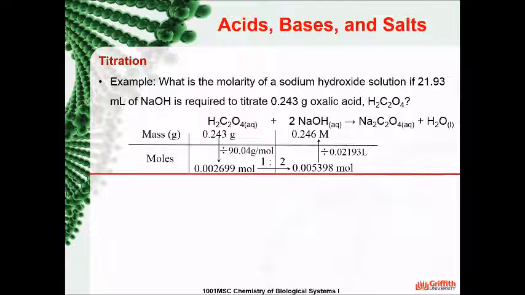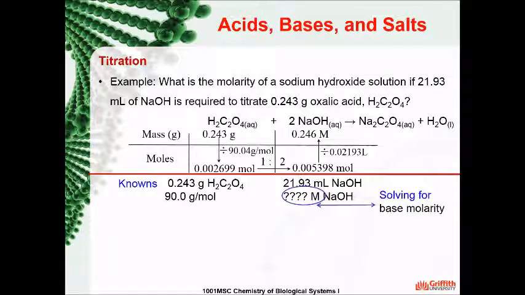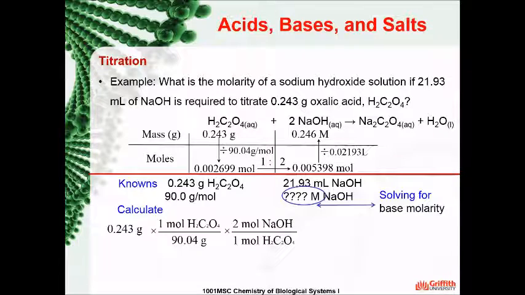Now we'll try the textbook method. We know the following information from the question, and we need to calculate the base molarity. So we calculate the moles first using the following calculations. Mass of acid, 0.243 grams, divided by the molar mass, times the ratio.